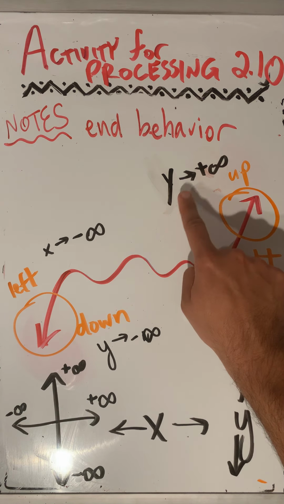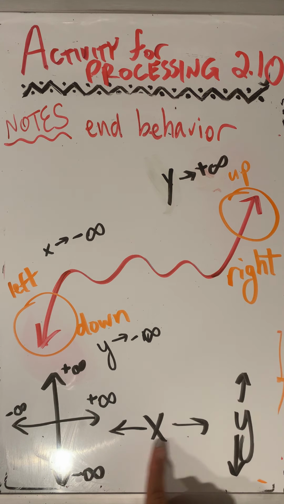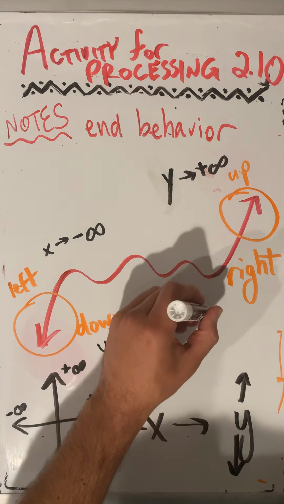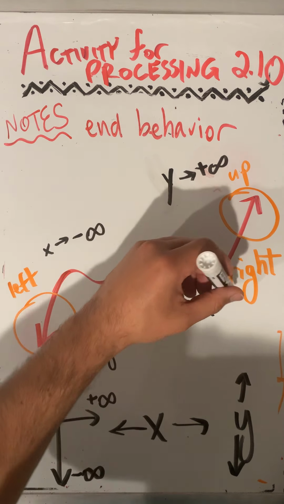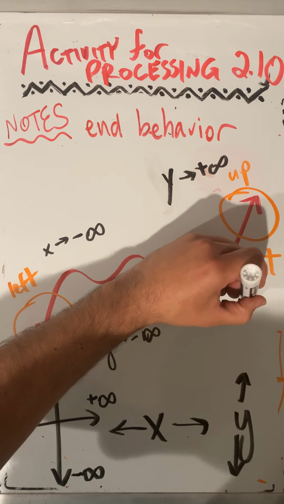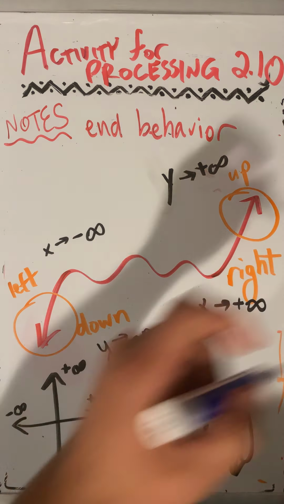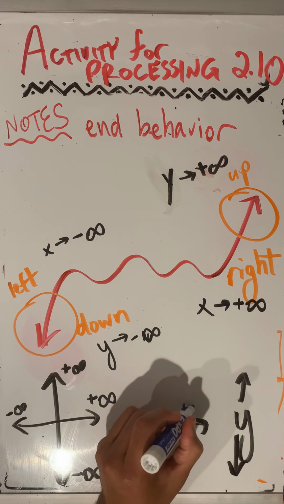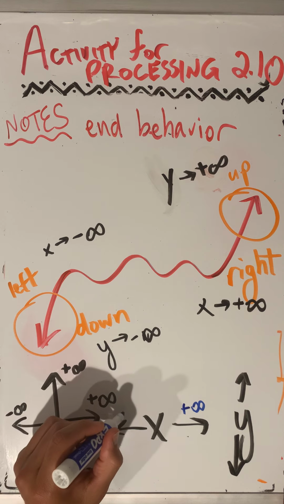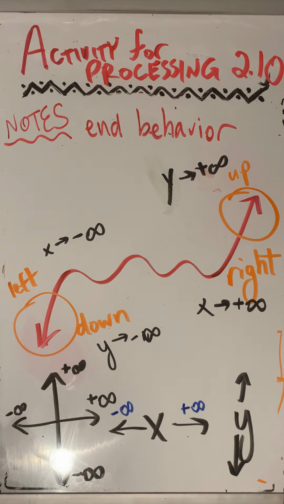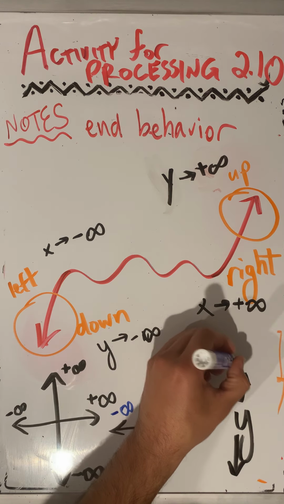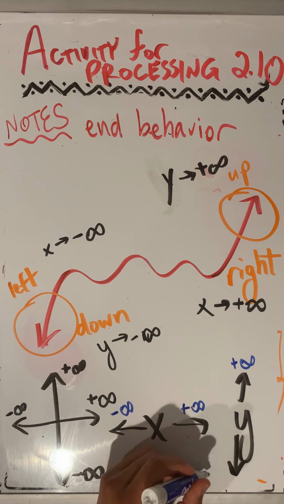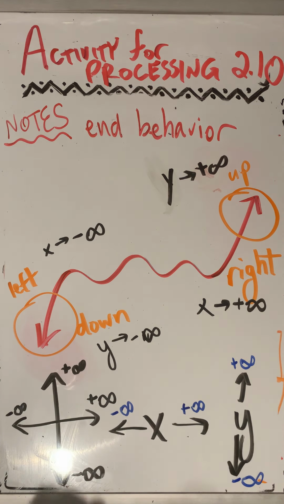Y going up, this needed to be Y. And if I'm going right, this is X, going towards positive infinity. All right, let me fill in this little infographic here. So if X is going to the right, towards positive infinity, if X is going to the left, towards negative infinity, if Y is going towards positive infinity, and if Y is going down, towards negative infinity.